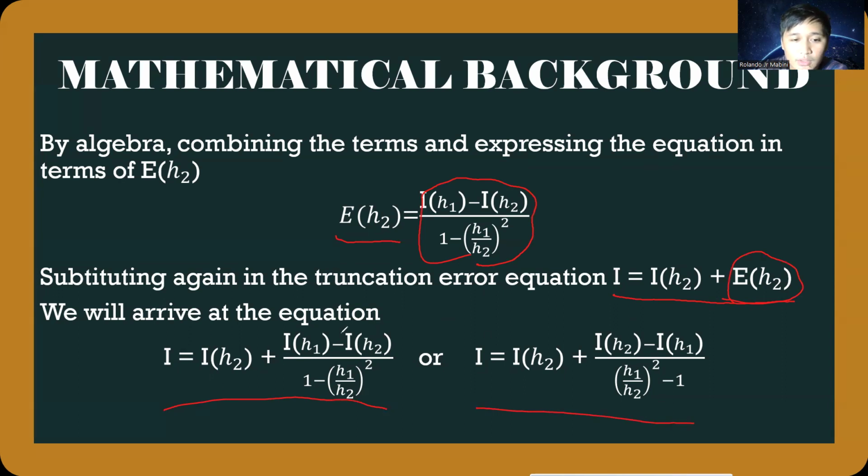This is just algebraic manipulation. If we factor a negative 1 here, of course the sign of this one must change. This must become positive, and this one here must become negative.